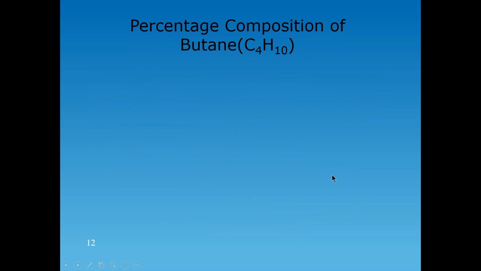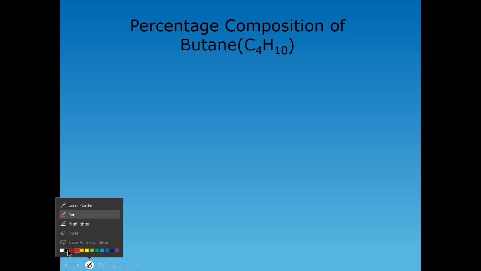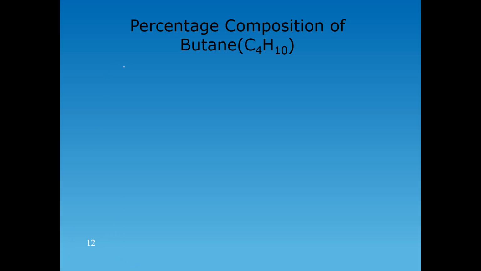So for example, in the case of butane, the formula is given here, C4H10, right? How do we determine the percent composition of each element present in this compound? So what you'll do is start off by determining the molar mass of butane.